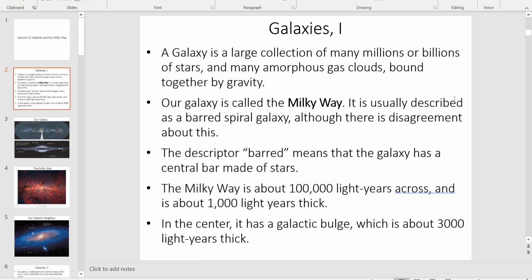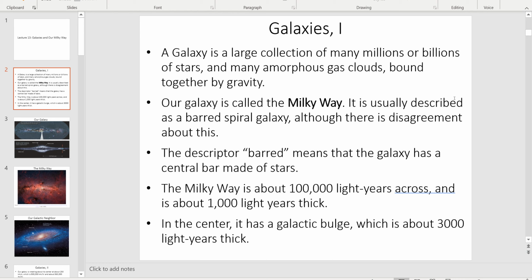In other words, if you wanted to cross the Milky Way galaxy, let's say at the speed of light, you would have to travel so quickly that you could go around the equator of the Earth 7 times in 1 second. That's the speed of light.